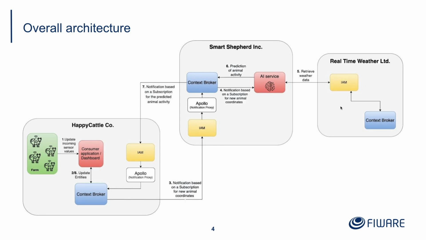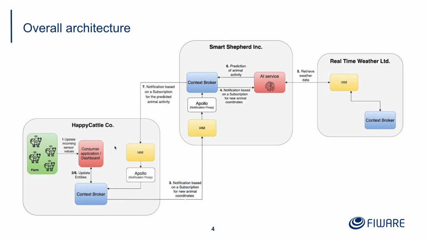So the AI service will do a query for real-time weather and get the ambient temperature in a particular location. Once we have our data ready, the inference will be triggered, and then we will calculate the prediction of animal activity, and then the animal activity attribute is going to be updated in that case.